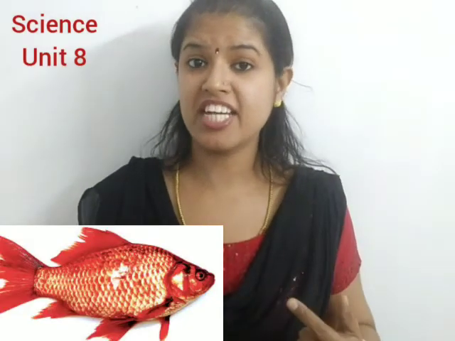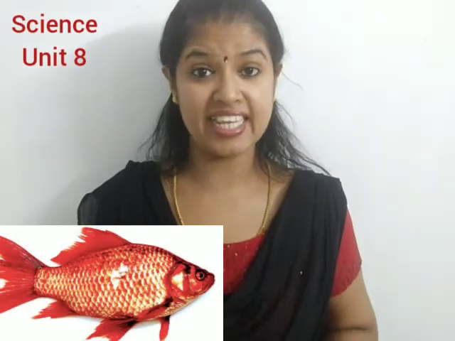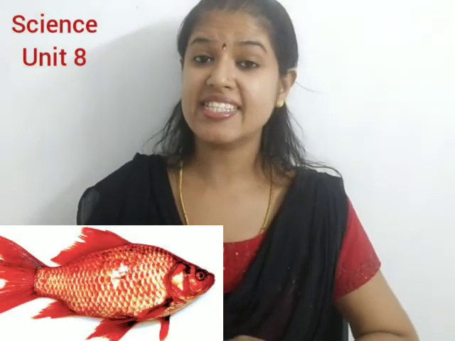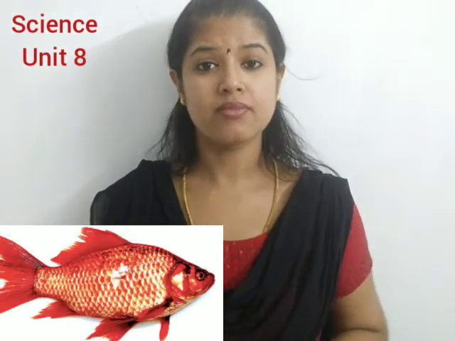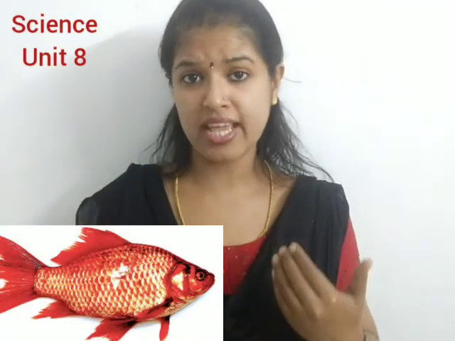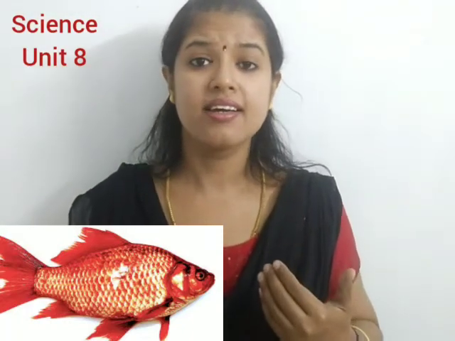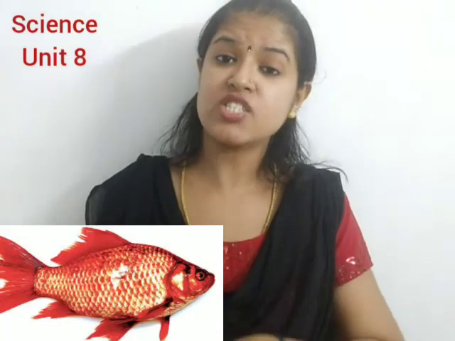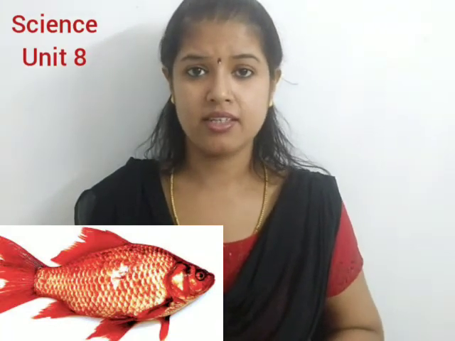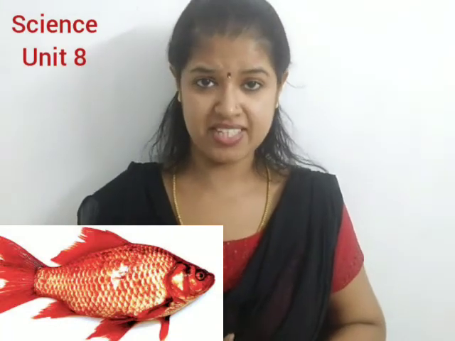Okay, now fish. As you all know, the respiratory organ of the fish is the gills. When the water enters their mouth and passes through the gills, the oxygen gets transferred into the blood and is used for various activities.